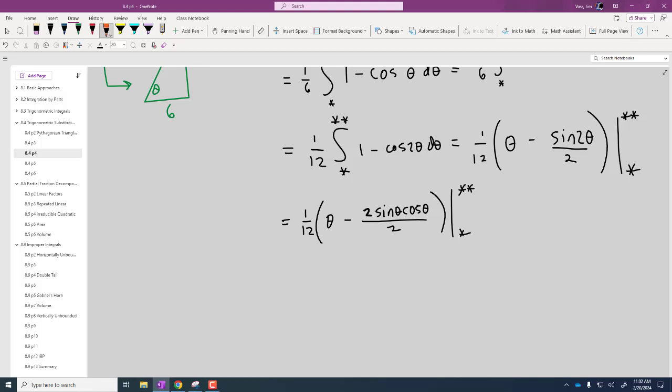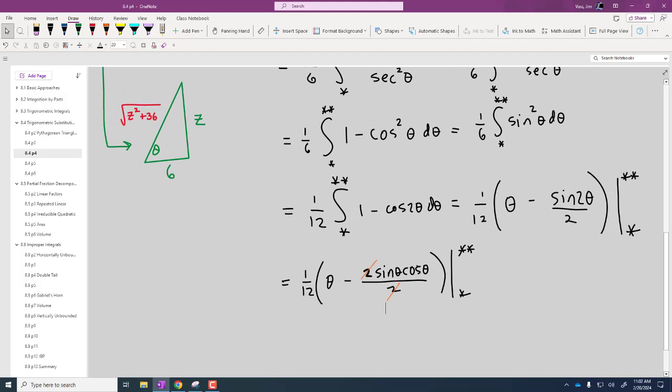So those 2's are gone. All right. Now we're back down to just thetas. That's where we want to be. Now we can use our triangle to get from theta back to x's or t's or z's or whatever the original letter was.